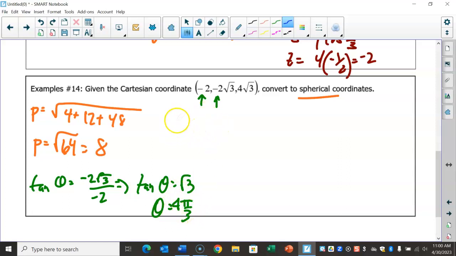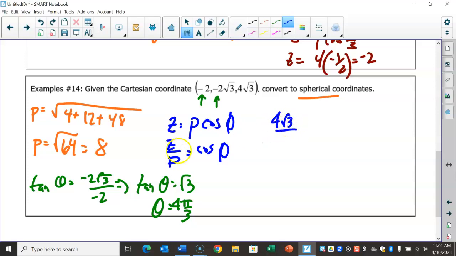And then finally, we have the equation for z is equal to our rho times the cosine of phi. And so we can rewrite this as z over rho is equal to cosine of phi. And so we can now say that z we have is 4 square roots of 3. We found that rho was 8.